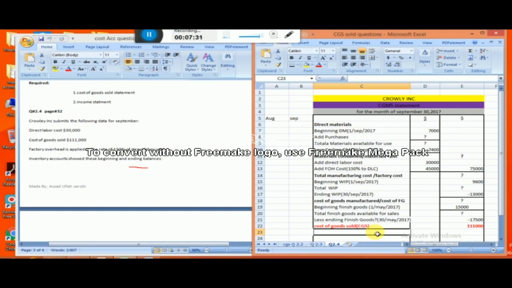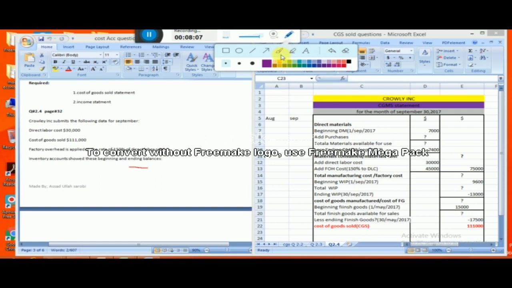How can we calculate? Now we will go in the reverse way. In the reverse method, we will add the ending inventory and minus the beginning inventory. In the normal way, we add the beginning and subtract the ending. But when we find the missing item in the reverse method, we will add the ending and subtract the beginning.